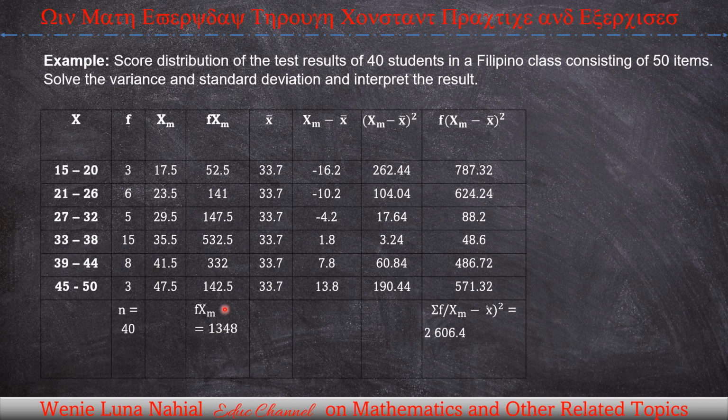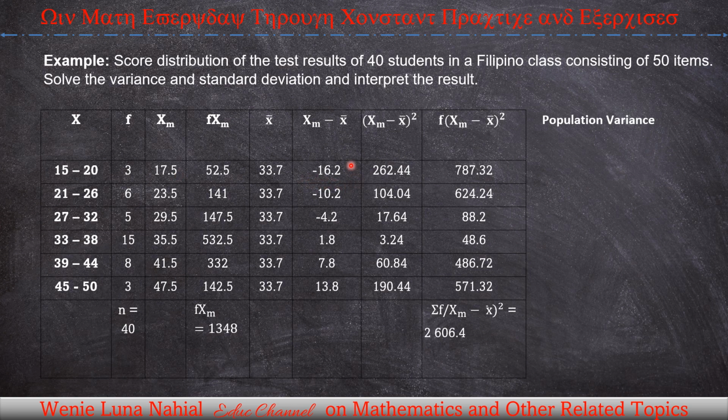So you have 1,348 divided by 40. You get a mean which is 33.7. Then 33.7 is subtracted from the class mark 17.5. You get negative 16.2.